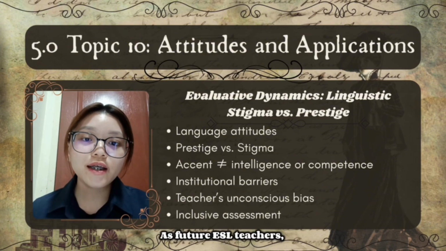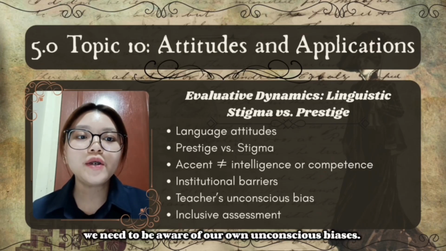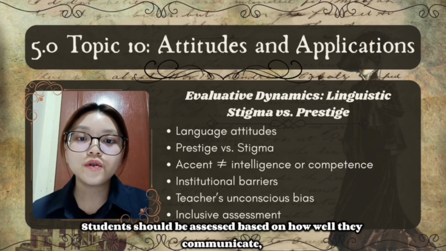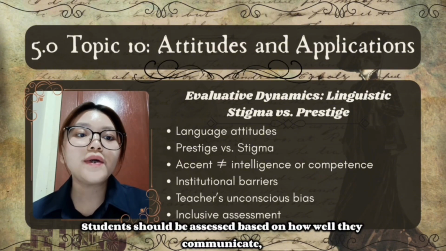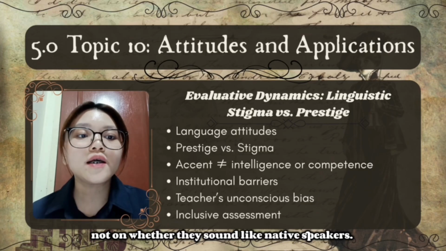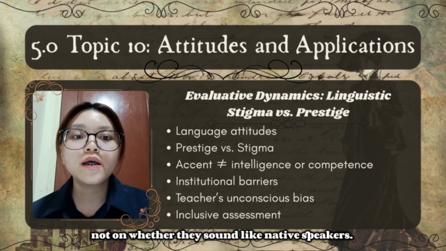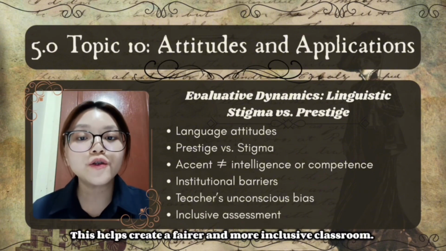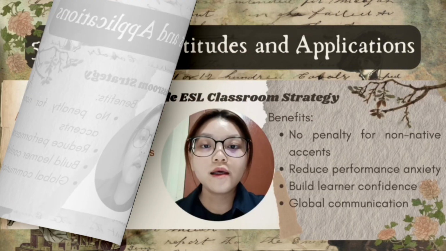As future ESL teachers, we need to be aware of our own unconscious biases. Students should be assessed based on how well they communicate, not on whether they sound like native speakers. This helps create a fairer and more inclusive classroom.